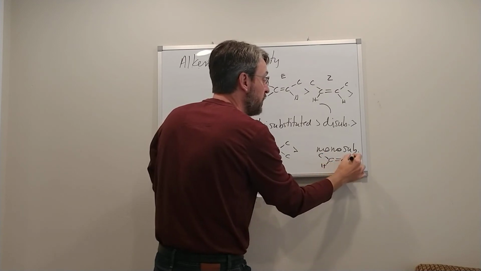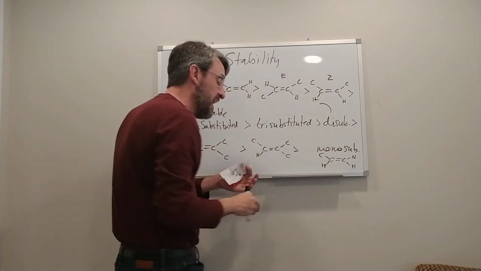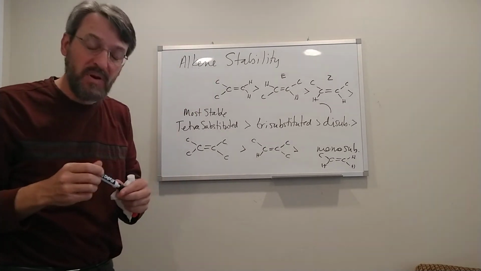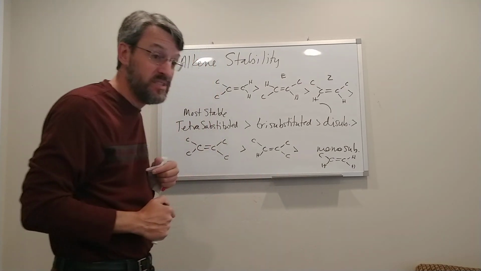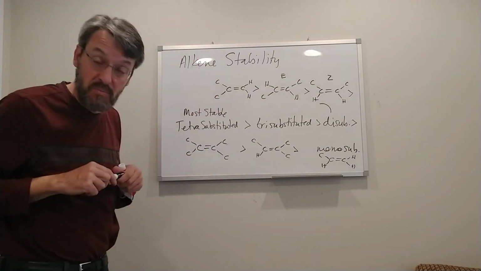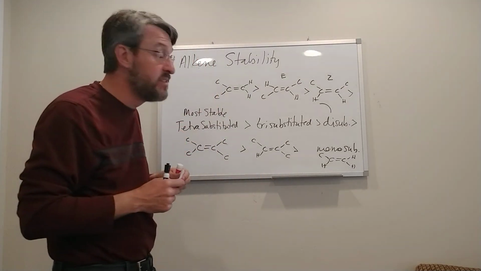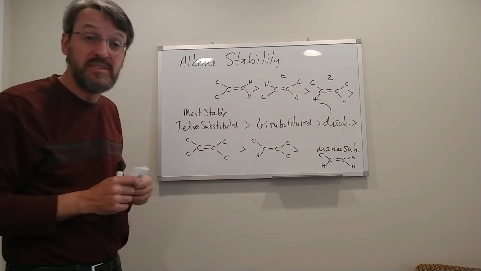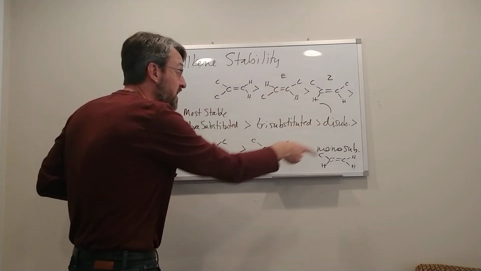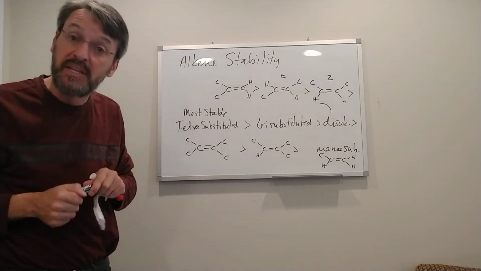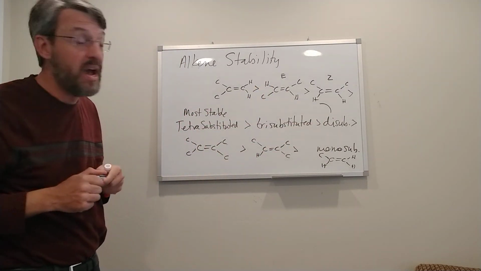And you might be thinking, okay, that's great, but why do we care? Well, it turns out when we go to make alkenes, the stability of them is extremely important. And in just the next day or two, we're going to start to see reactions of alkenes, that is using alkenes to do other things with them. It turns out that which alkene you start with is critically important there too for the type of product you get.